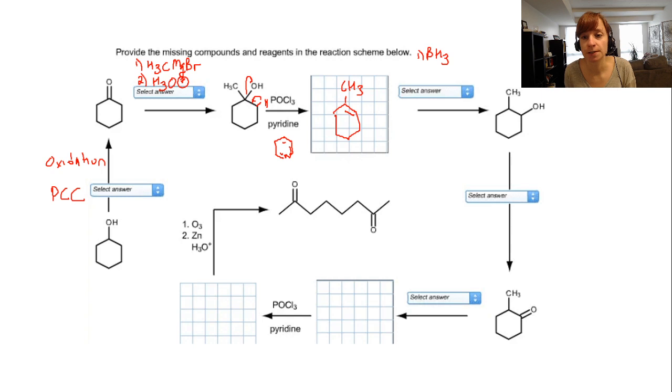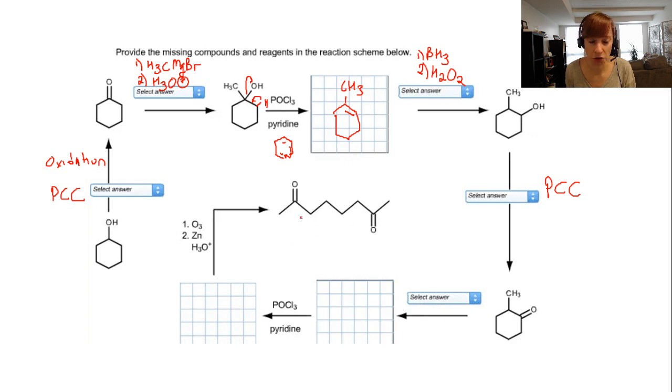But because there's no BH2 group in the final product, that means we quenched it. And you would quench it with hydrogen peroxide. So that will swap out the BH2 for an OH group. So now from here, we are going from an alcohol, a hydroxy group, to a ketone. So we already did that in the first step. So most likely we used PCC again to do that.